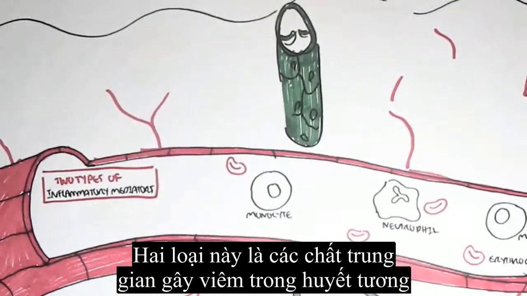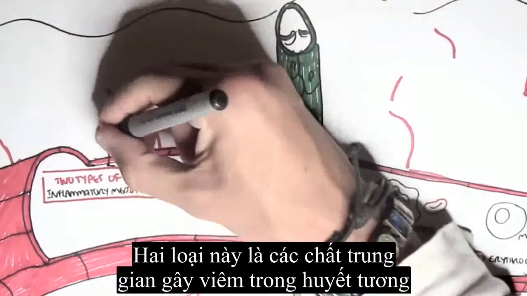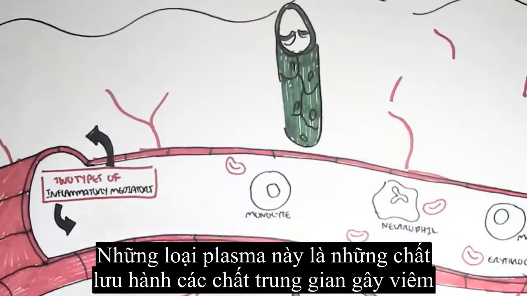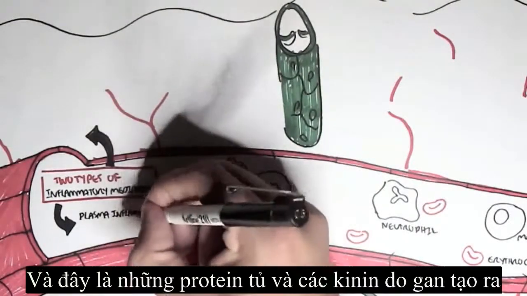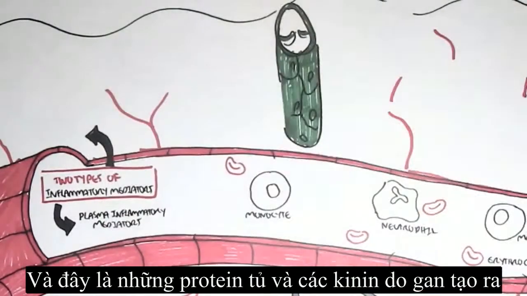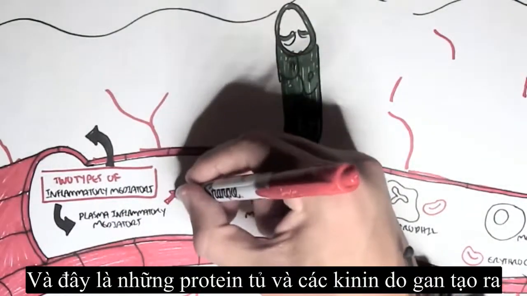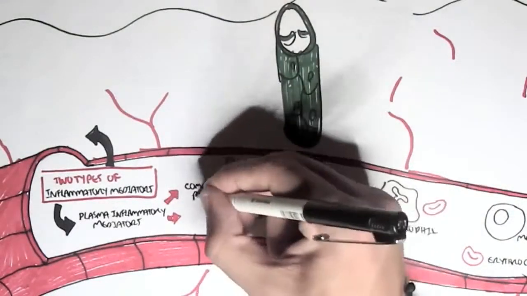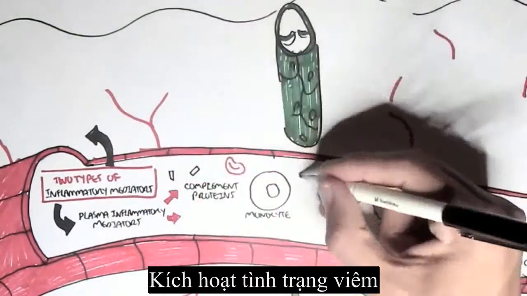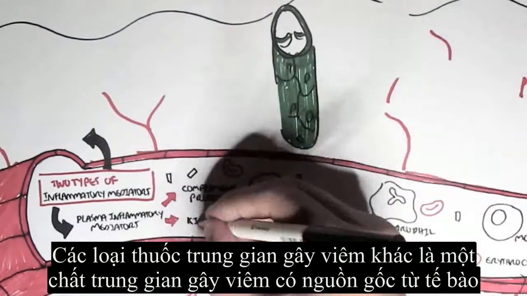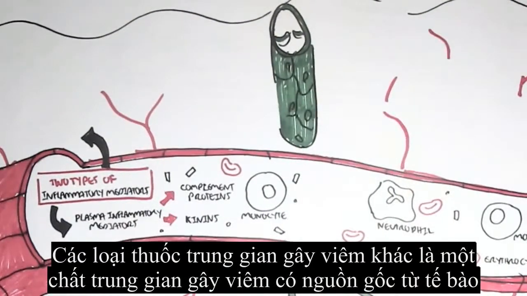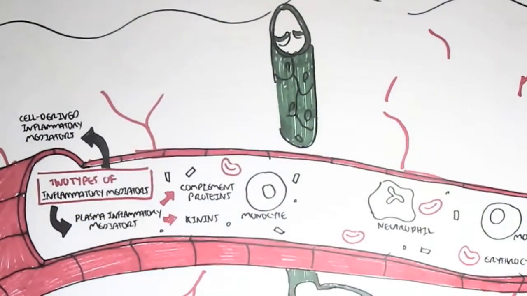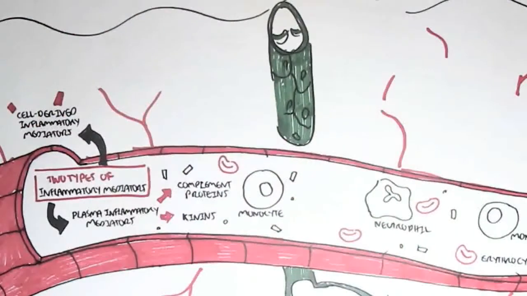The first are the plasma inflammatory mediators, which are the ones circulating in the plasma. These are the complement proteins and the kinins. They are made by the liver, circulate in the blood vessel, and are activated upon inflammation. The other type is the cell-derived inflammatory mediator, meaning that they come from cells. And we'll talk about them soon enough.